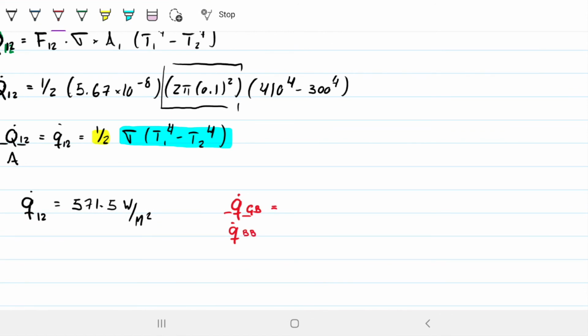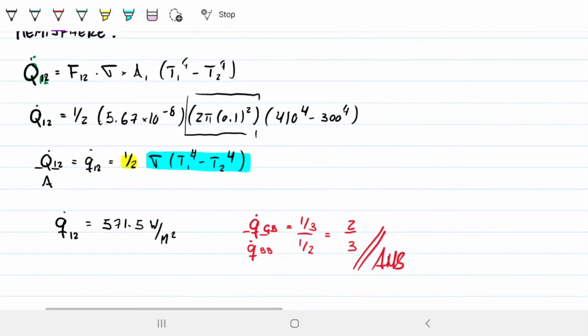Obviously this component is going to cancel out on both, and we're left with the 1/3 on the gray body divided by the 1/2 on the black body. Simply put, this is 2/3. I think this is a good comparison to make. What we're saying is that the gray body emits about 2/3 the energy that it would if it were a black body.